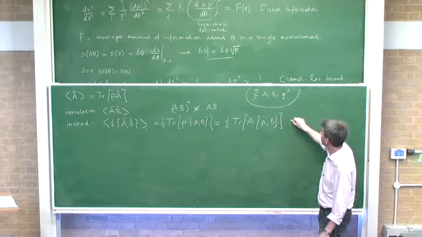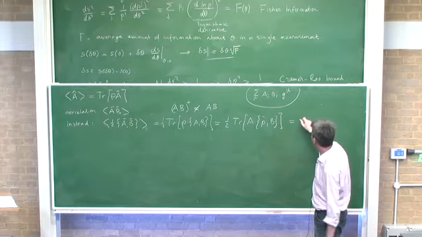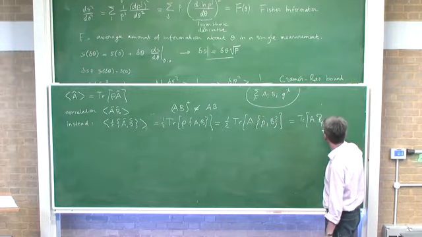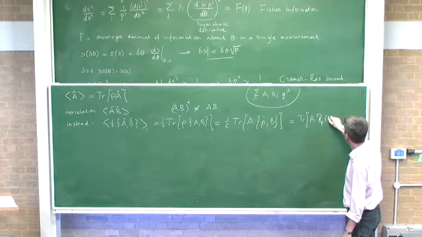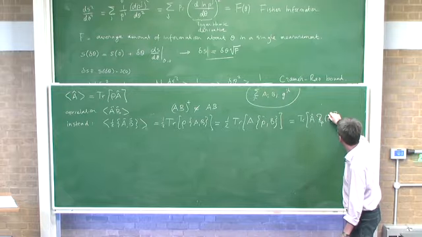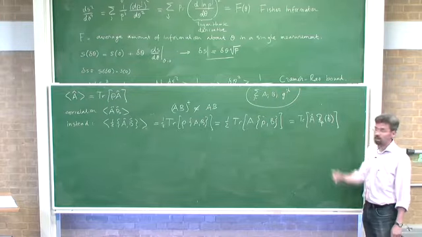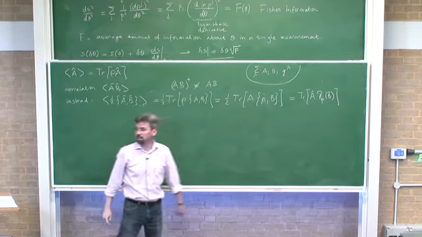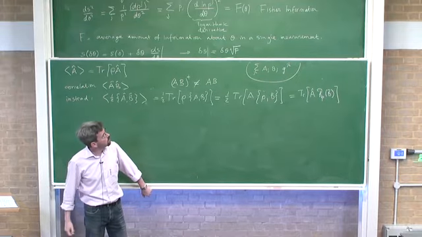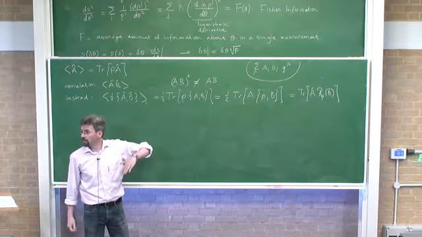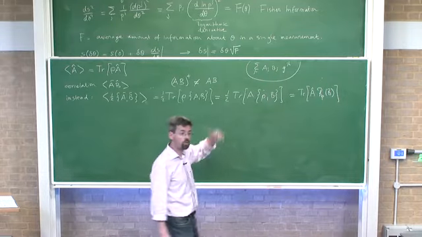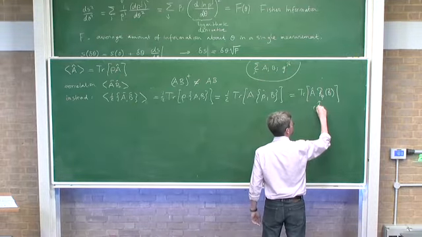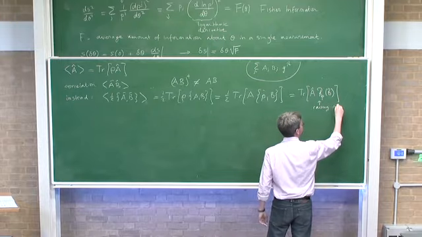So I'm going to say this is the trace of A, and then some super operator R of B. These are operators, and I call this R because of this. So what does G do to vectors in geometry? Well, it raises the index from a lower covariant form to an upper contravariant form. So this is a raising operator.